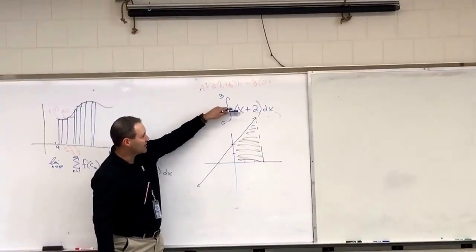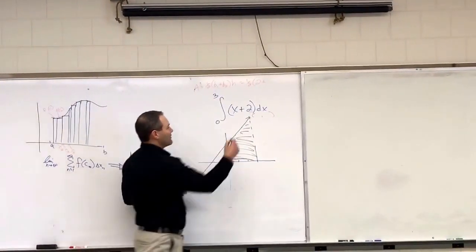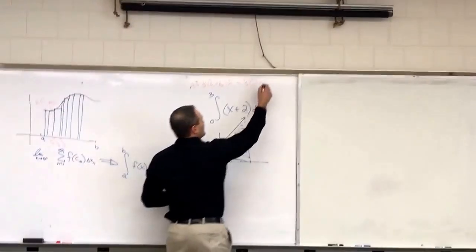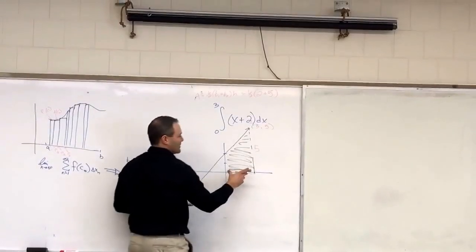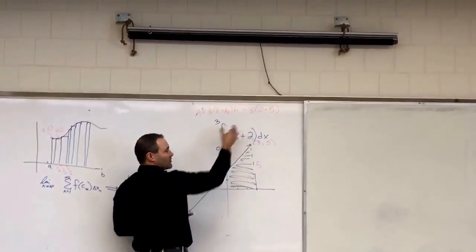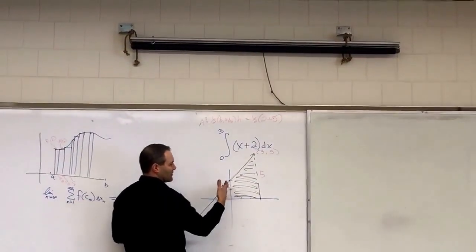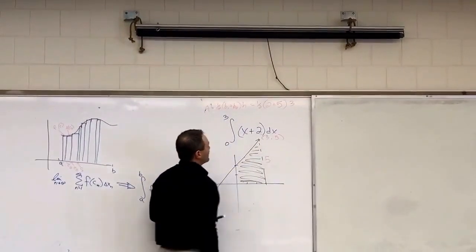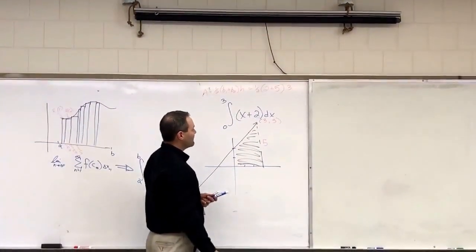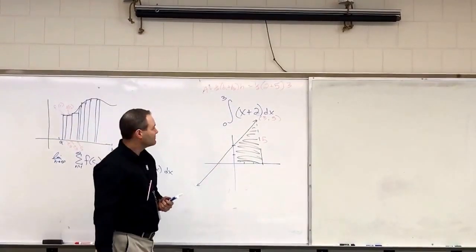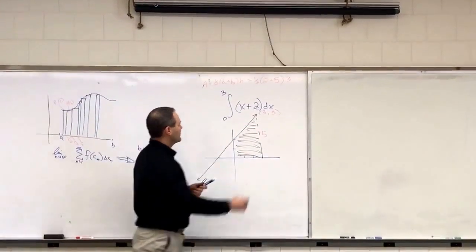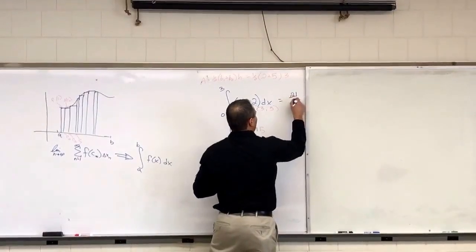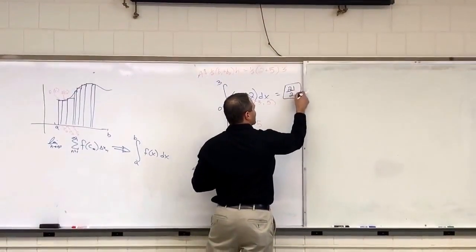You plug 3 in here, you get 5. So that means this height is 5. And then the height of a trapezoid is the distance from one base to the other, so that's 3. So 21 halves. So our answer would be 21 halves units squared.